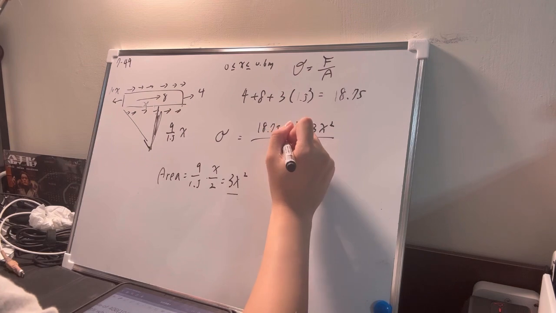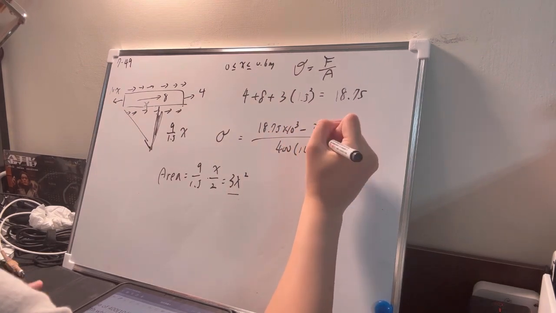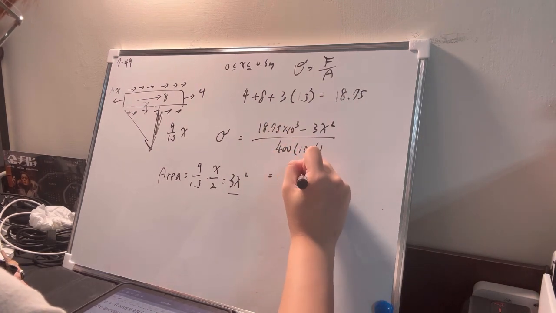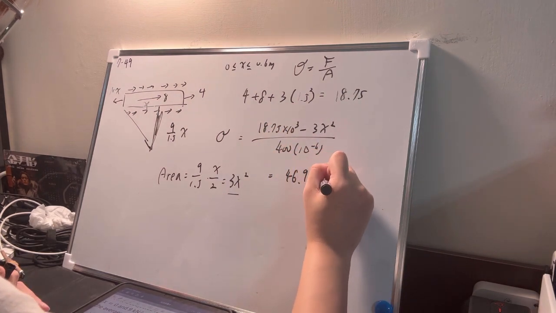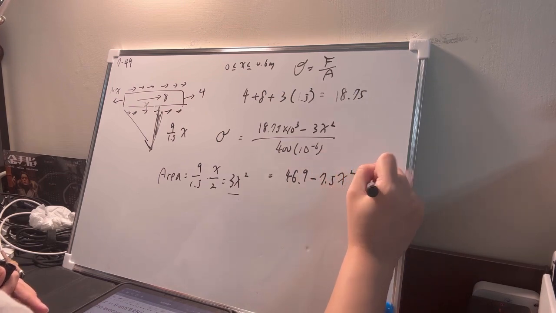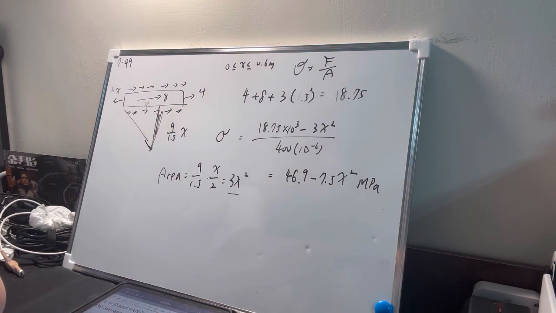So the quotient also gives us 46.9 minus 7.5 x squared MPa. This is the answer we need.